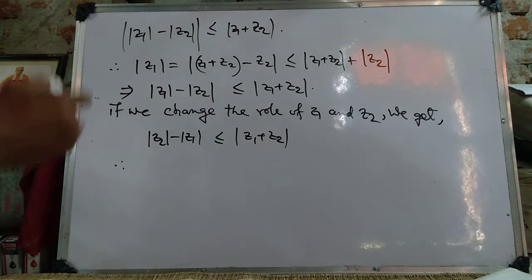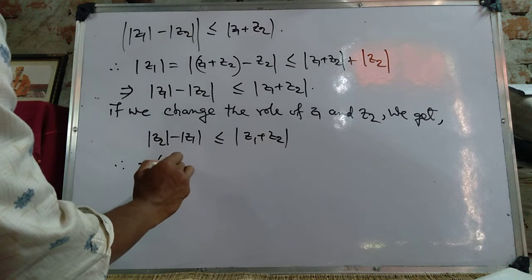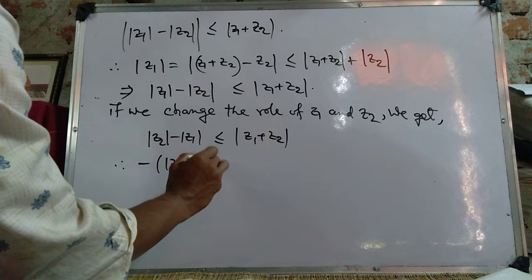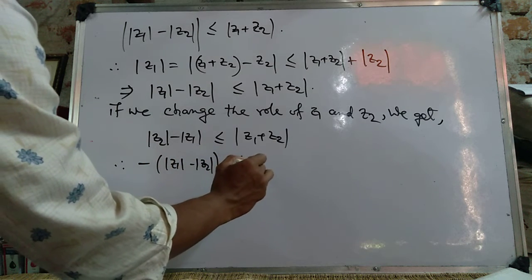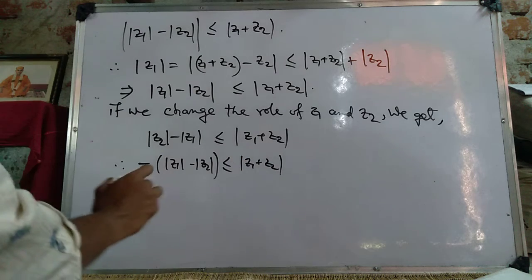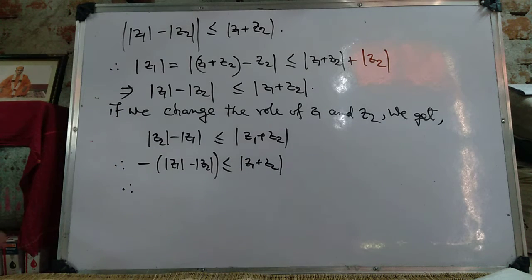So from here we get ||z1| − |z2|| ≤ |z1 + z2|.